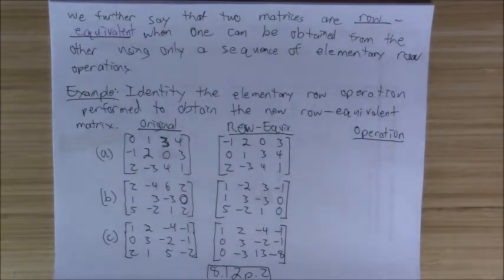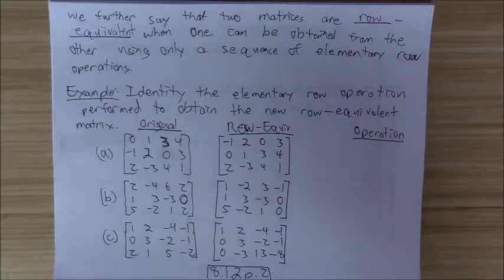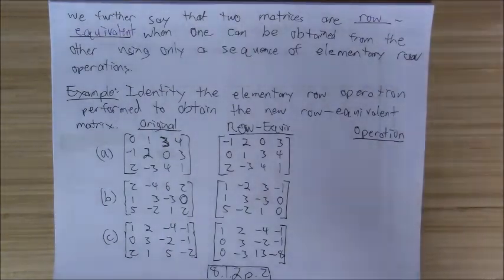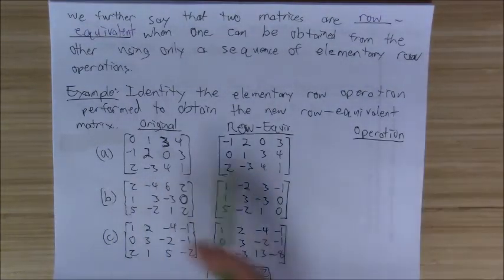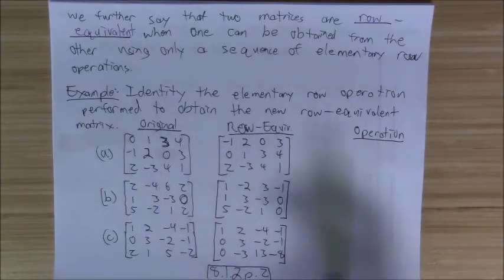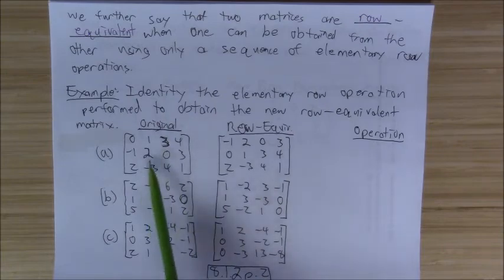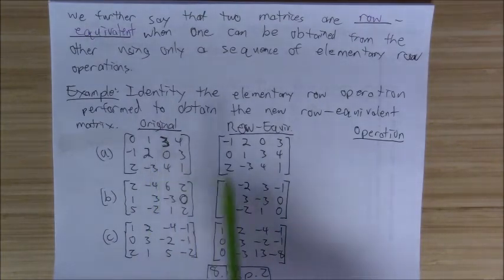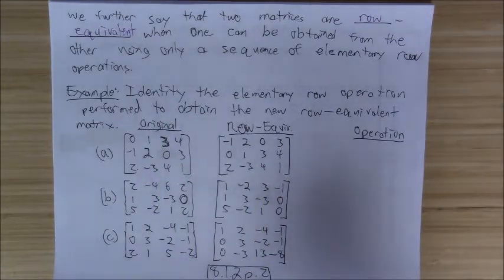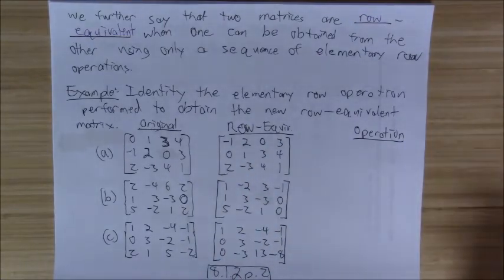Okay? So to get a better feel for the elementary row operations and how they interact with matrices, let's try an example. In each of these situations, going from the matrix on the left-hand side to the right-hand side, we performed one elementary row operation, and we're going to try to figure out which one it was.